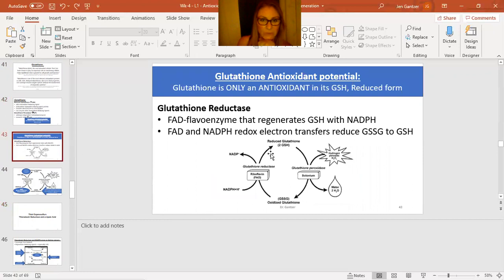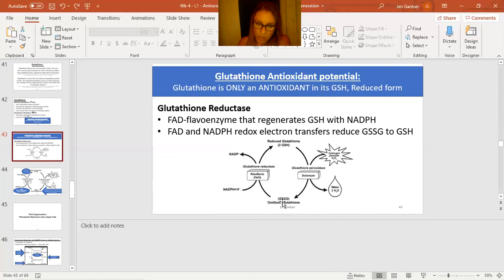We take a look at that. We've already looked at this, so this should be a review now. Your reduced glutathione, with 2 of them, participates with our glutathione peroxidase. That's a selenium-dependent enzyme that's going to convert your hydrogen peroxide to water through an enzymatic conversion. As the reduced glutathione participates in the reaction with selenium, and donates its hydrogen atoms and generates water from hydrogen peroxide by conversion, you get an oxidized glutathione.